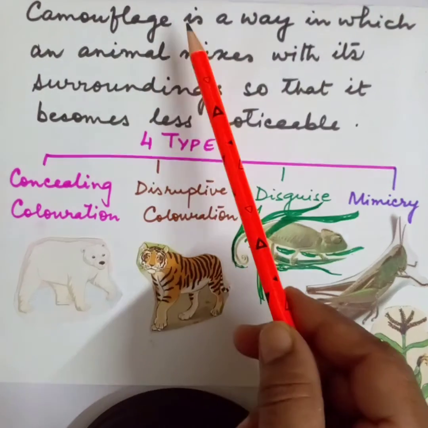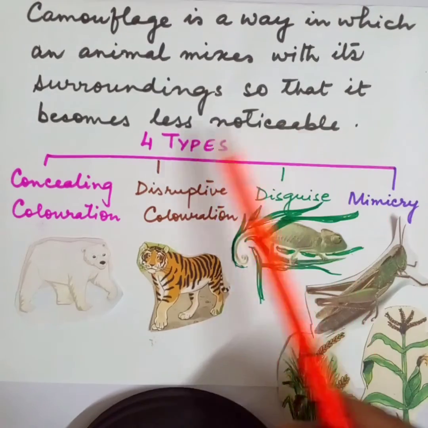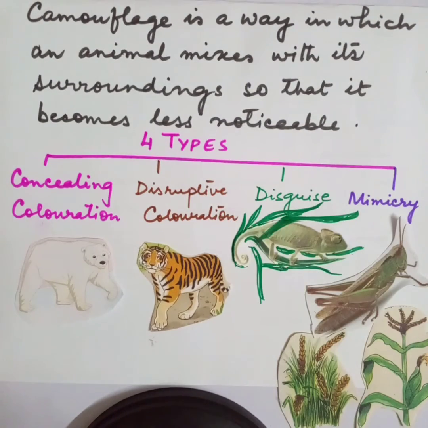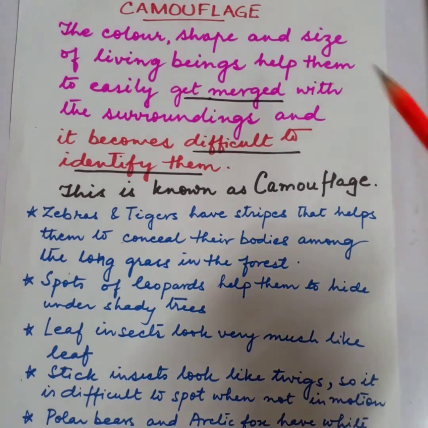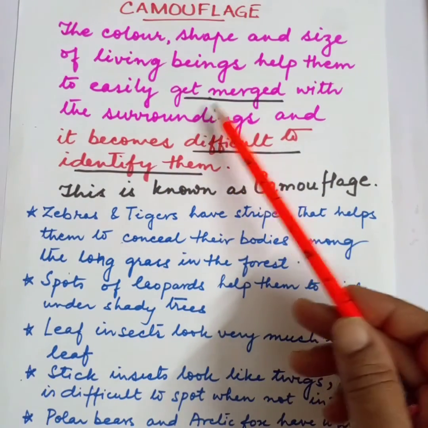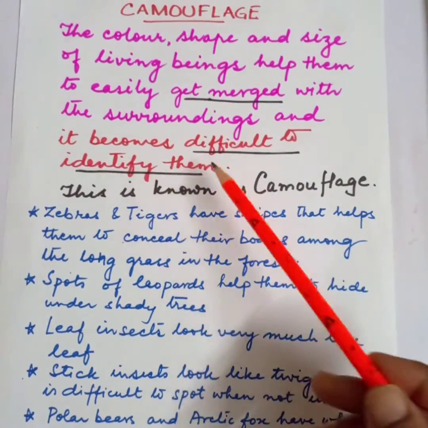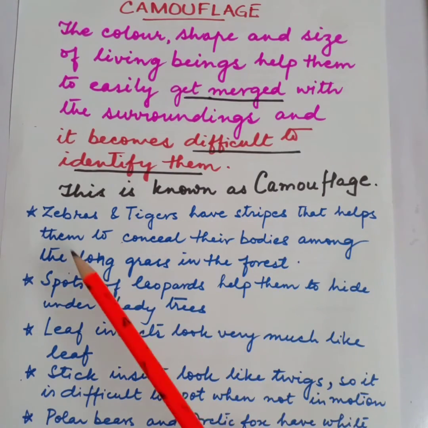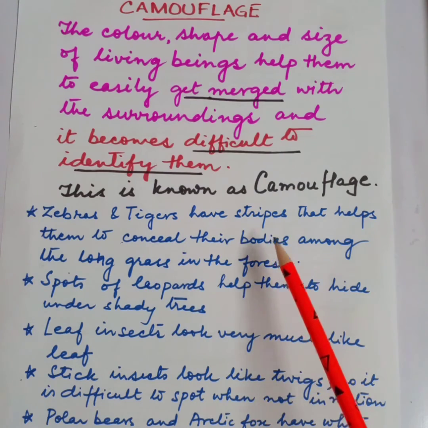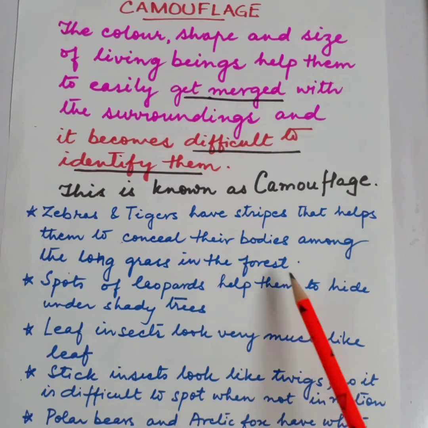So, camouflage is a way in which an animal mixes with its surrounding so that it becomes less noticeable. The color, shape, and size of living beings help them to easily get merged with the surroundings and it becomes difficult to identify them. This is known as camouflage. Zebras and tigers have stripes that help them to conceal their bodies among the long grass in the forest.